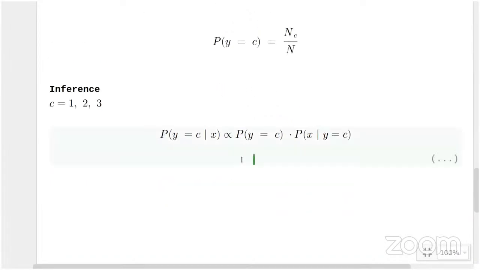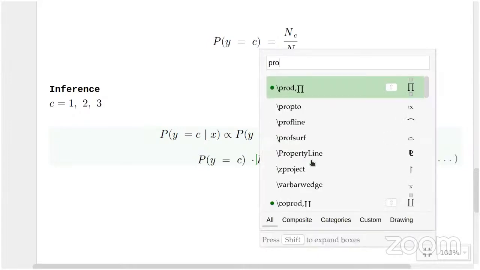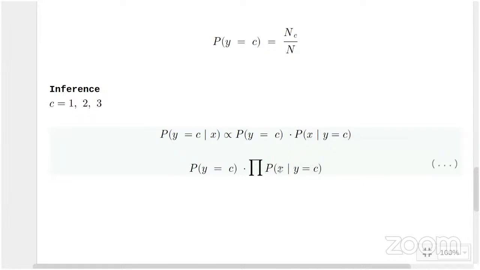So P of x given y equal to C will follow the Bernoulli distribution. Let's expand on that. Here you need to do 2 things. First, X is a feature vector, so you are using this naive assumption here and saying that this is a product of m values.